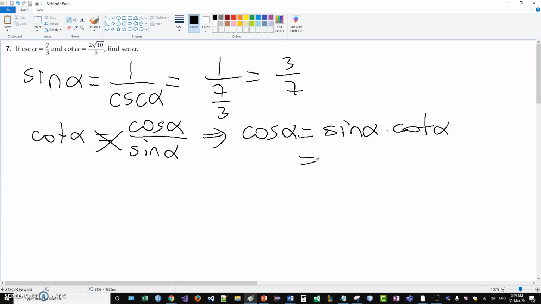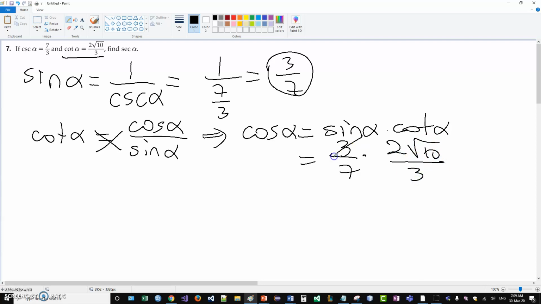We've just found sine alpha, 3 over 7, times cotangent alpha, which we already have, 2 square root of 10 over 3. The 3's cancel out, equals 2 square root of 10 over 7. That's the cosine. We want the secant.